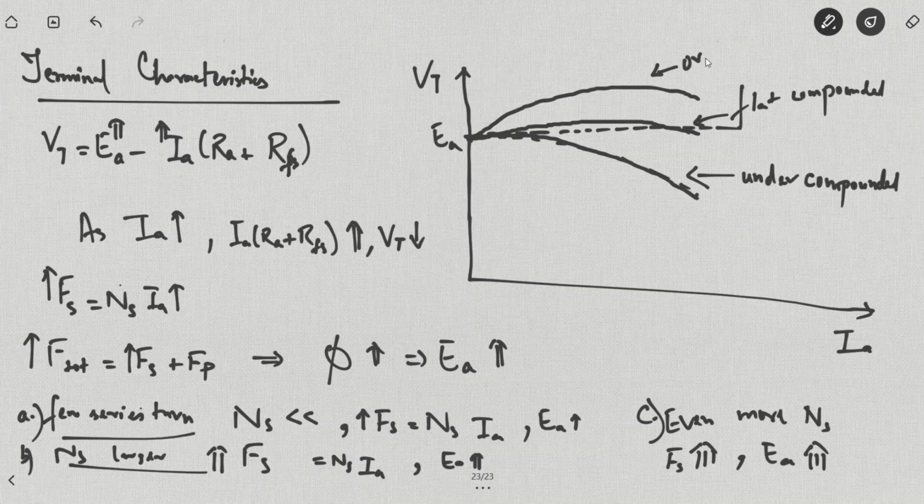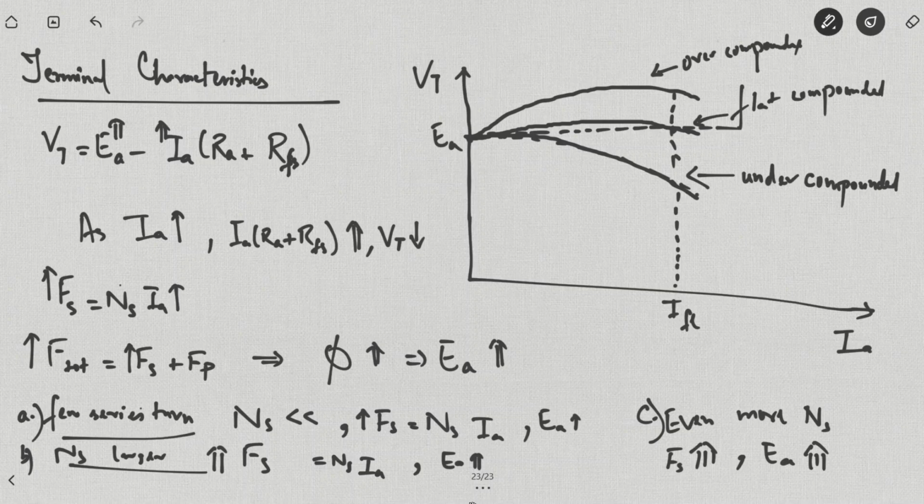So this is known as an over compounded generator. Fine. At this point, where the flat compounded generator intersects the Ea constant curve, it is basically the full load current value.